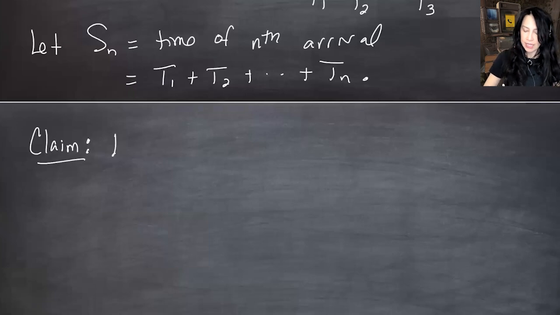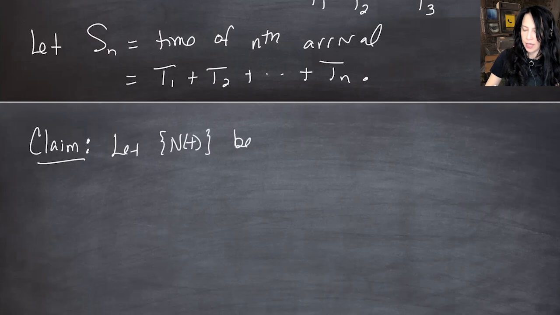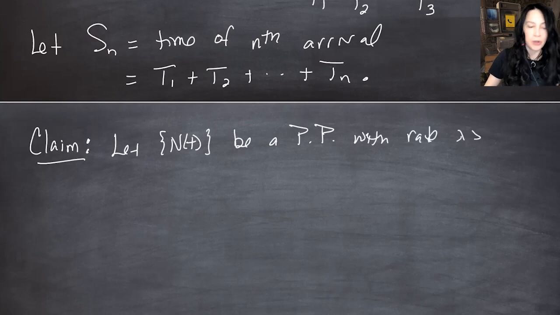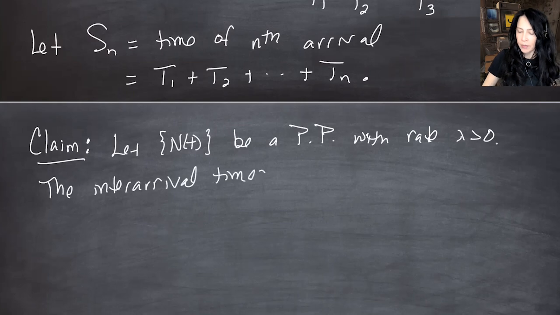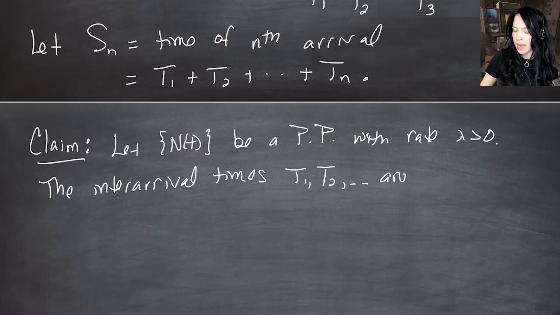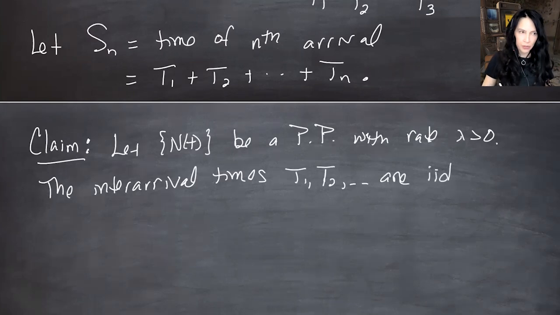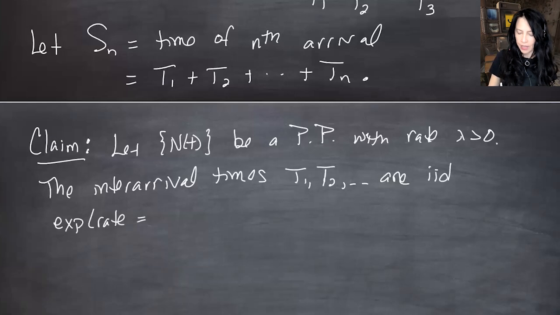So I'm going to let N(t) be a Poisson process with rate lambda greater than 0. And the claim is that the inter-arrival times T1, T2, etc. are IID, independent and identically distributed, exponential with rate lambda.